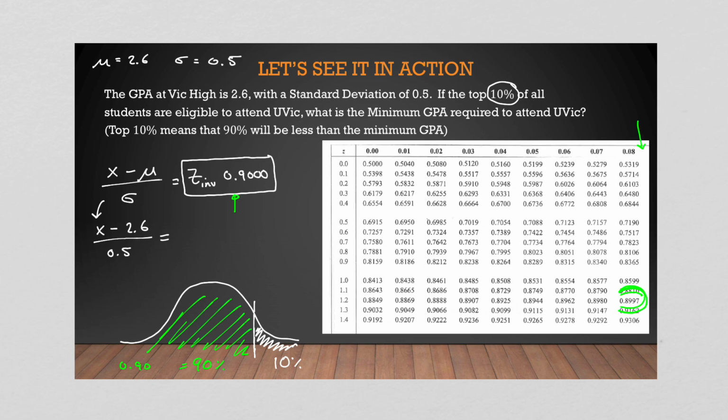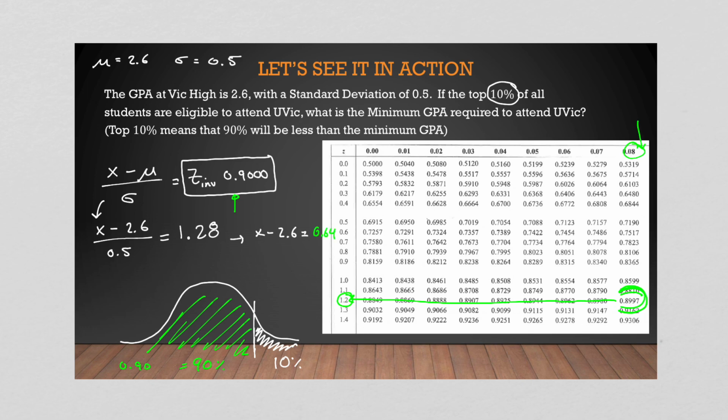What's our Z score? Our Z score is all the way over to here, 1.28. And then we just hammer off a little bit of algebra, multiply both sides by 0.5 to isolate the x, and we get x minus 2.6 equals 0.64.